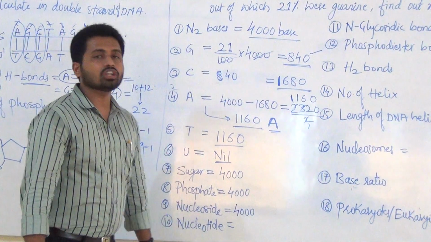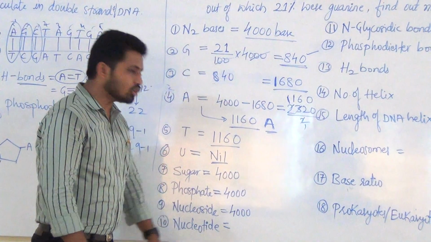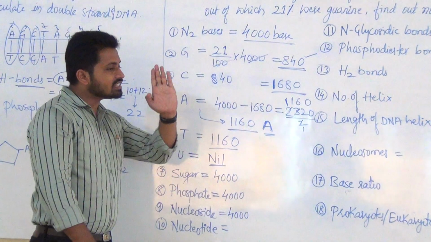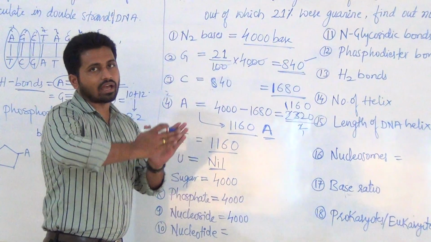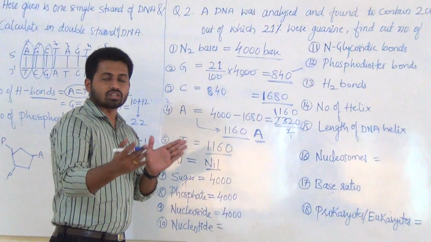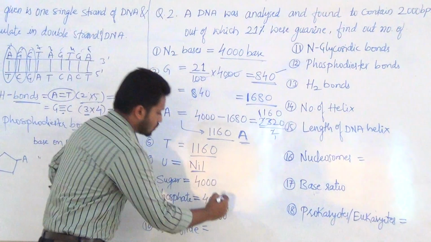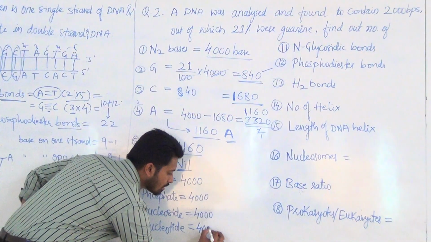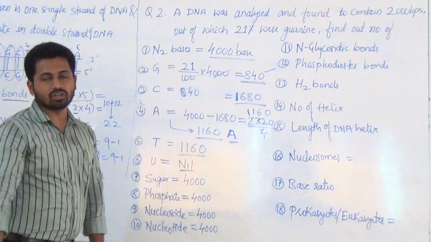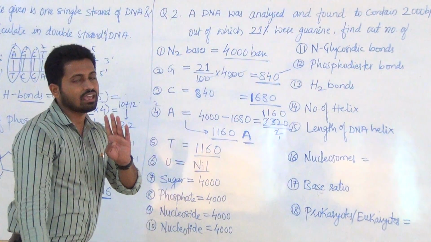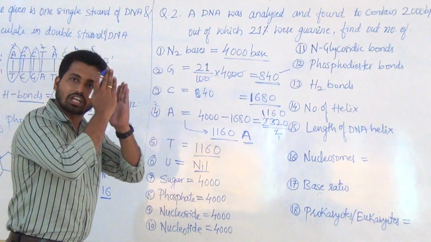Again coming to nucleotide. How many nucleotides? Not pairs, single nucleotides. On one strand 2000 and on the other strand 2000, so it will again be 4000. Are you getting it clearly? DNA is a polynucleotide strand.